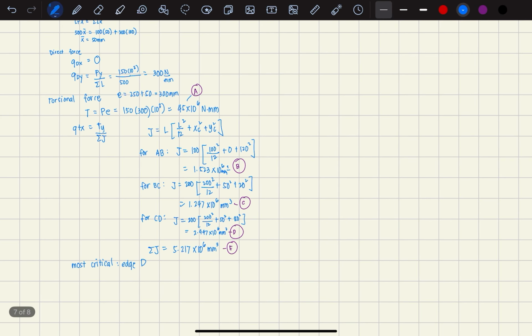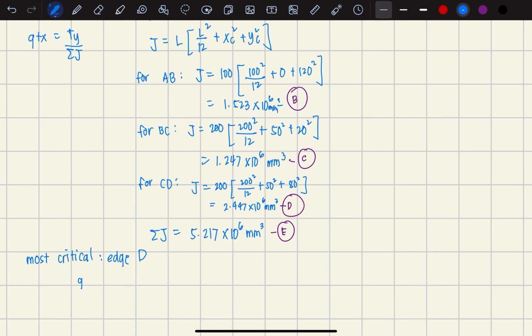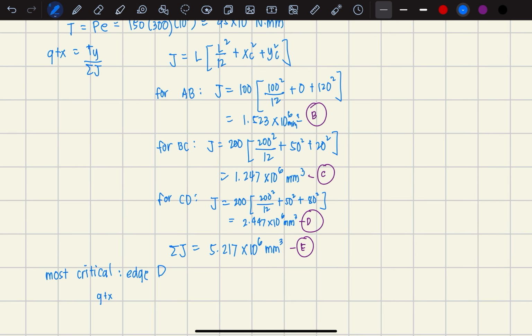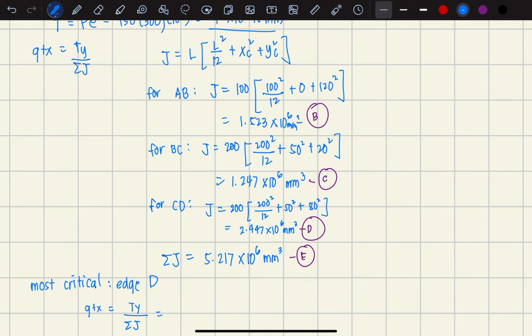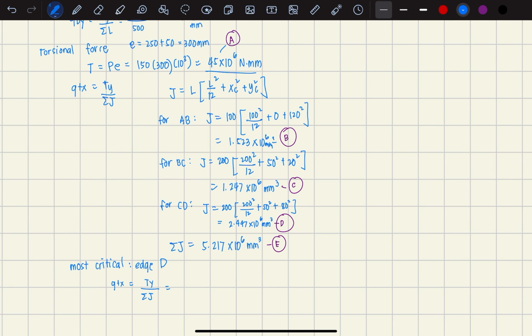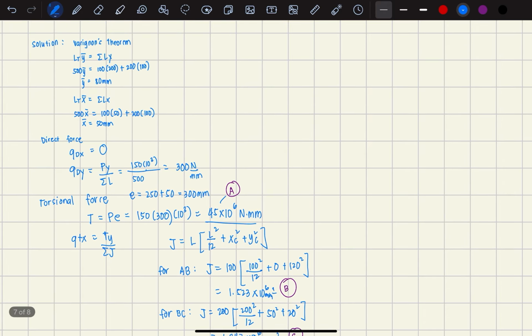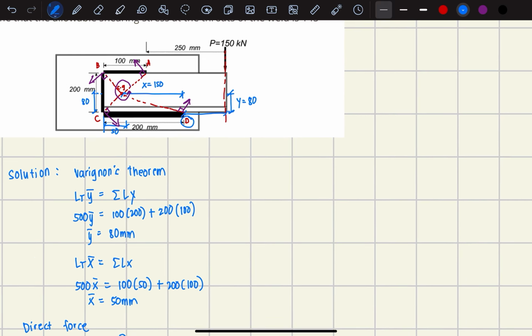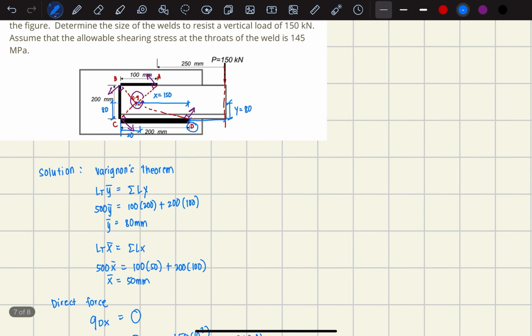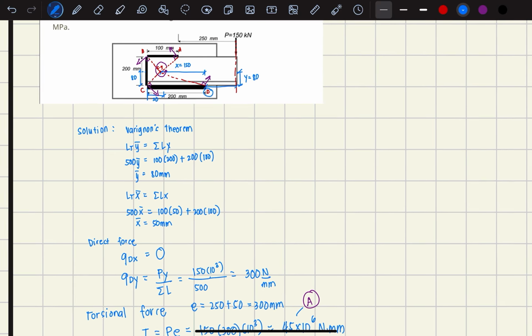So, sige, solve natin. Yung QTX is equal to Ty over summation J. So, yung T natin, na-solve natin, which is 45 times 10 raised to 6. Yung Y dito, ito yung Y, equals 80, distance nung critical papunta dun sa centroid.